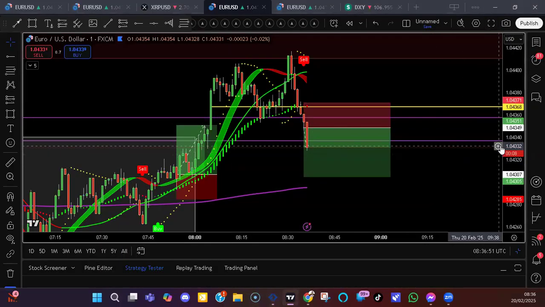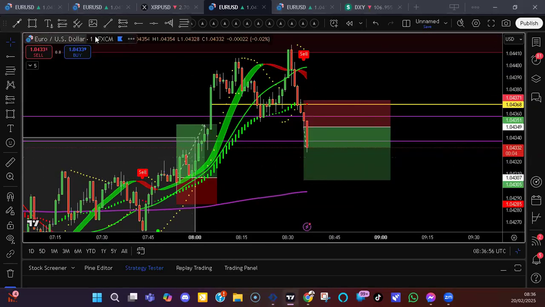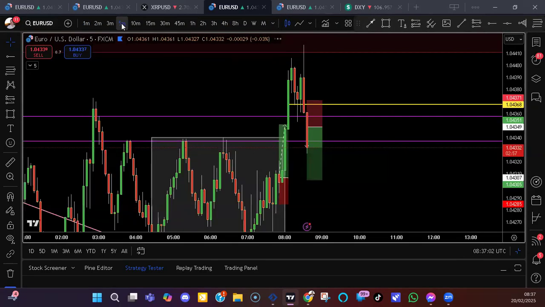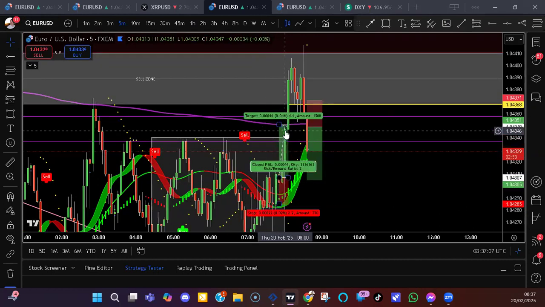I'll go back to TradingView. Looking at the higher time frame, the 5-minute time frame. Look, it's checked out that imbalance. It's covered that imbalance now.